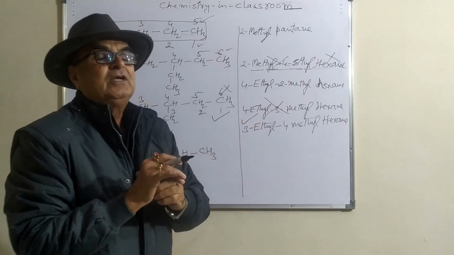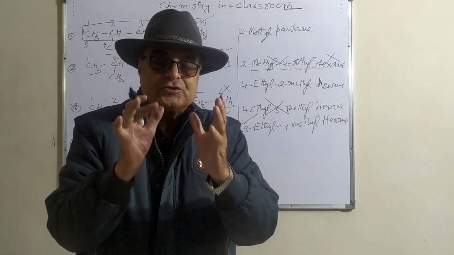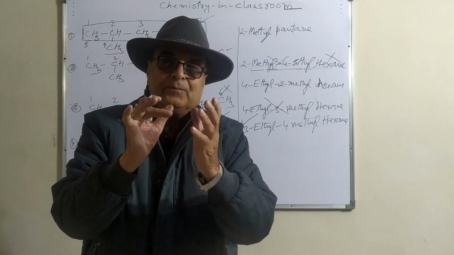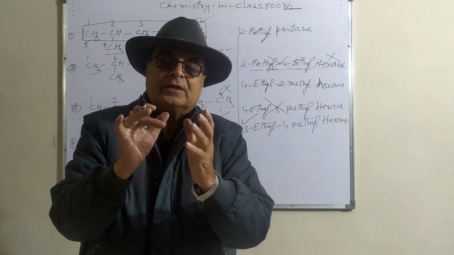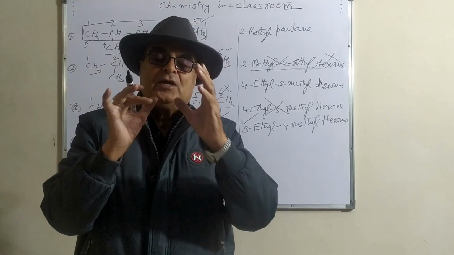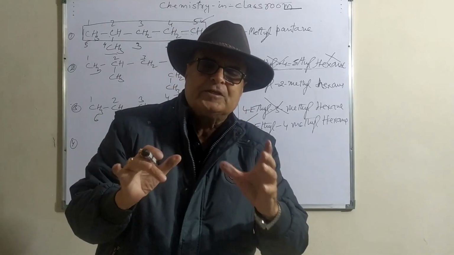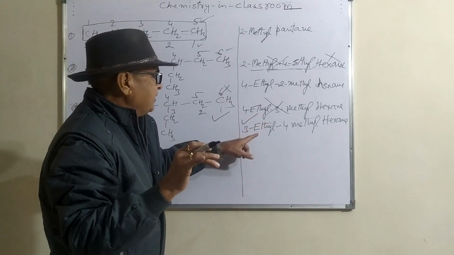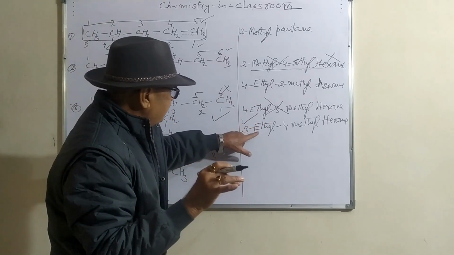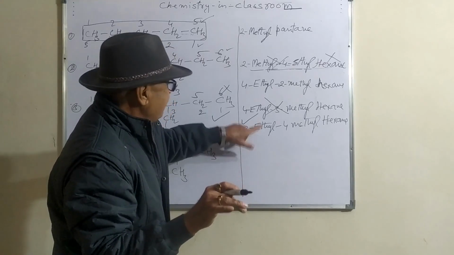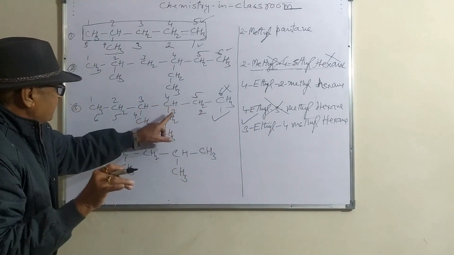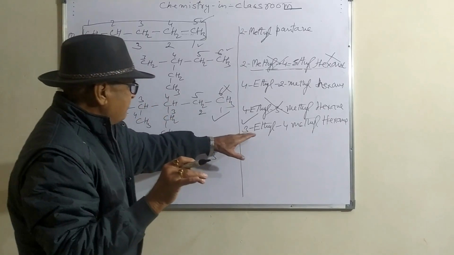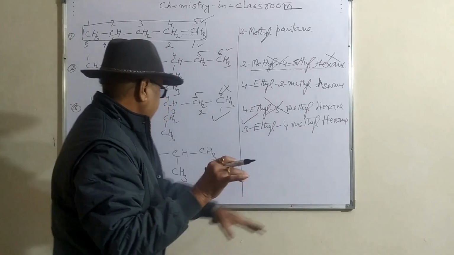Third one, if two groups are at the same position, you should consider the alphabetical order: the substituent group which comes first in alphabetical order will be awarded the lowest number. In this case, ethyl comes first in alphabetical order, so ethyl is given the number 3, not 4. This is it. So the name of this compound will be 3-ethyl 4-methyl hexane.